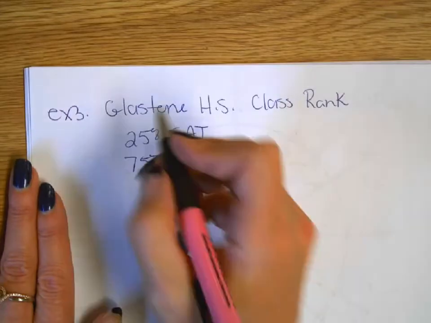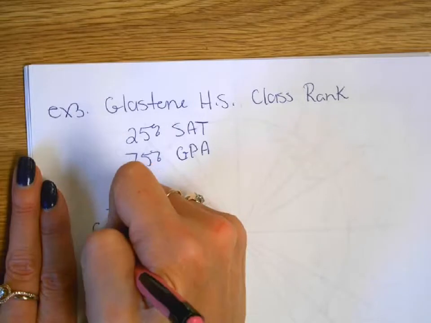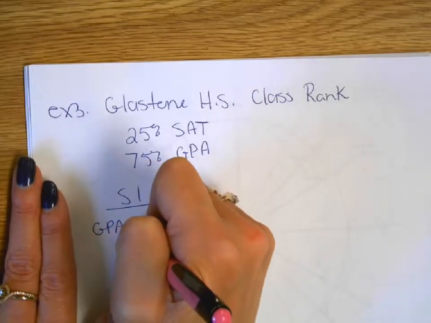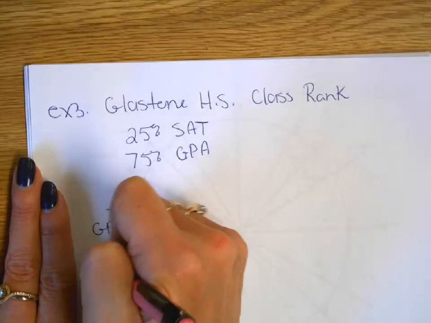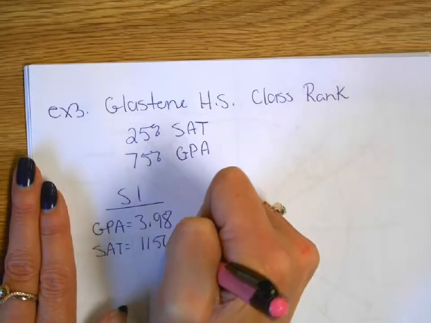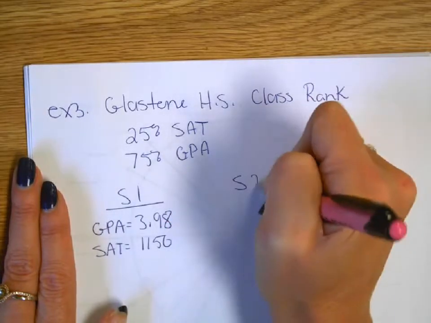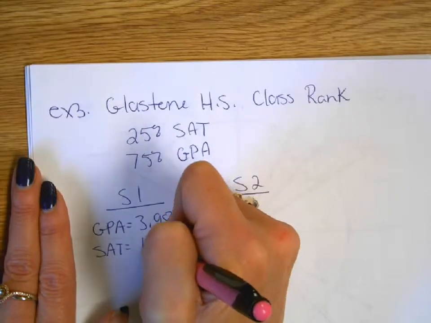So let's look at two people. Student 1 has a GPA 3.98, SAT 1250.